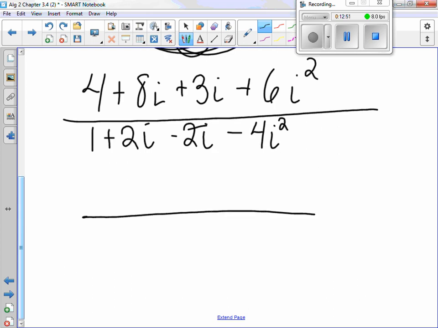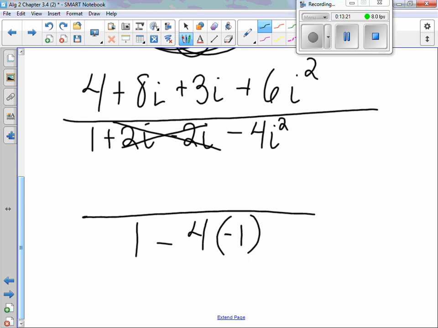So the 2i and 2i, yes, these will cancel, yes? So we have 1 minus 4i squared. Can I have i to any other power? No. We cannot have i to any power greater than 1. So what is i squared? Do I have any i terms left in the denominator?